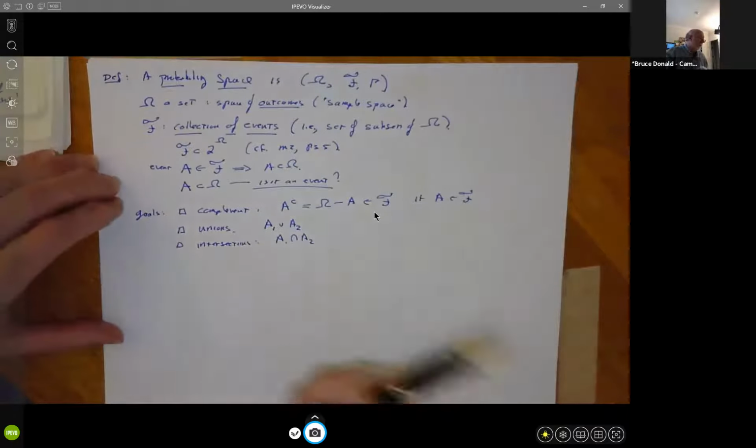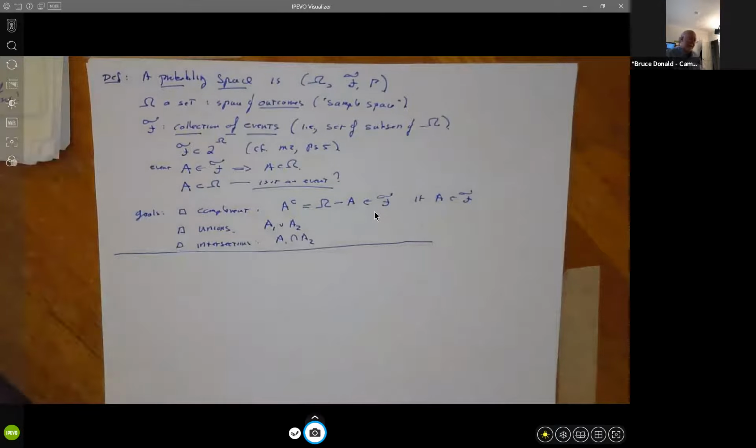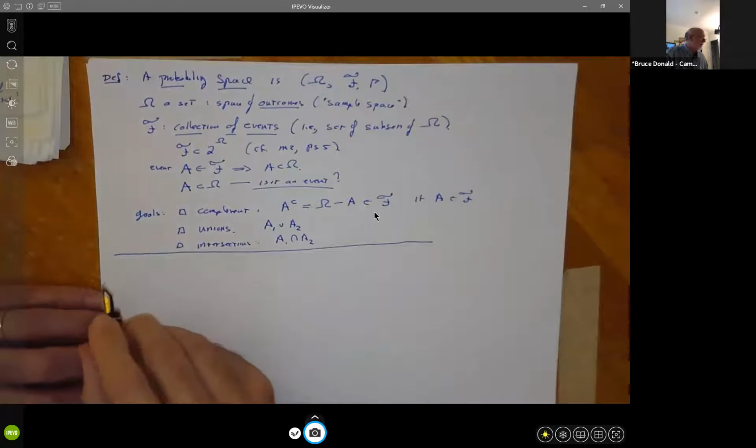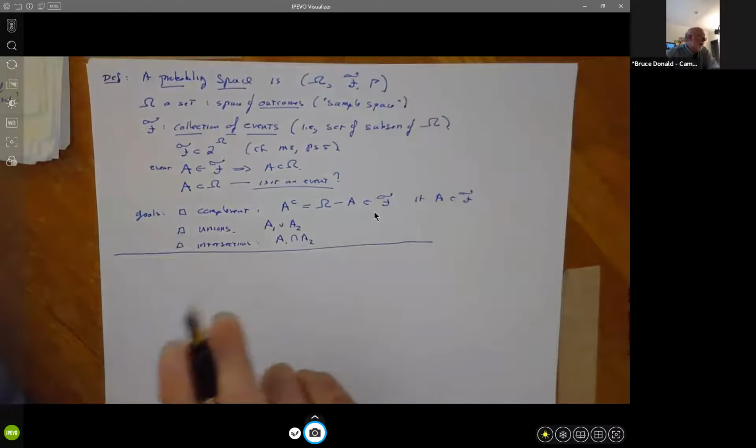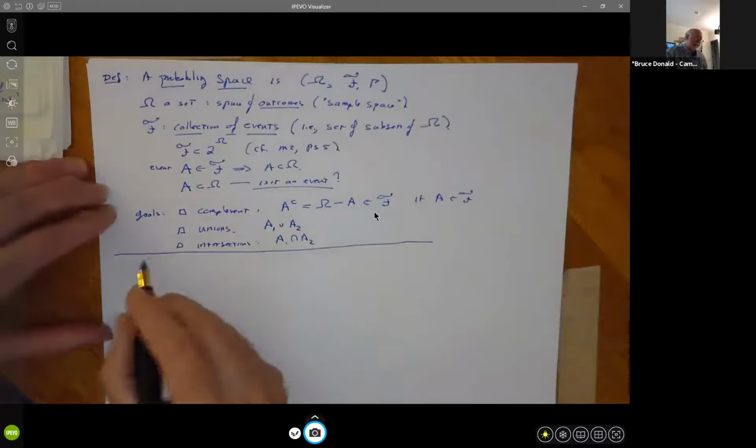Okay. Now I need a definition that's technical. Technical doesn't mean difficult, but it means fundamentally not of interest by itself. I'm going to imagine that I have a sequence, say, of events, A1, A2, and it can be infinite. And I'm going to call them pairwise disjoint if pairs of them don't intersect. Let me write that down.